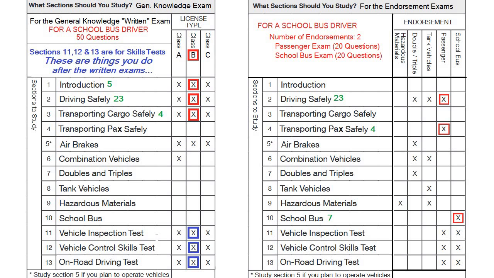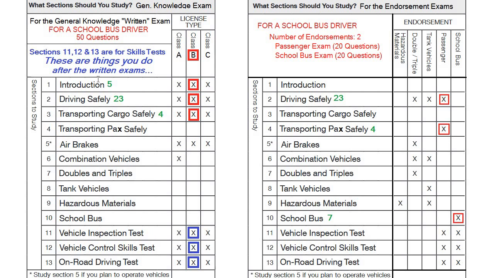Do you know how to park a certain way? I think there are about 3 basic vehicle control skills tests that you need to take. And finally, you take the on-road driving test. Now, these tests don't occur until after you take the written exams. The written exams are the knowledge tests.